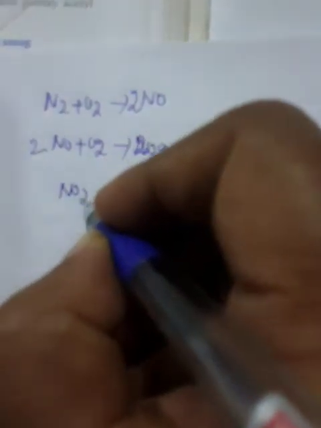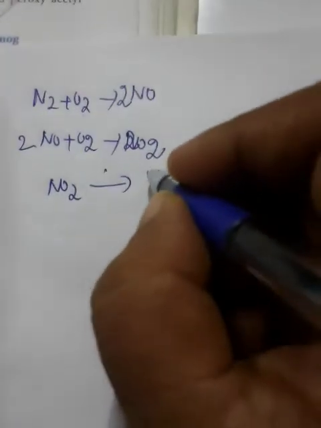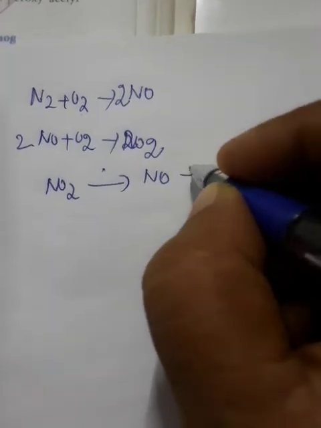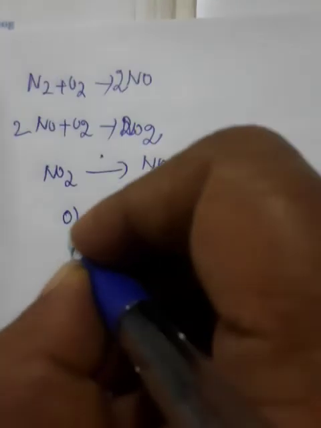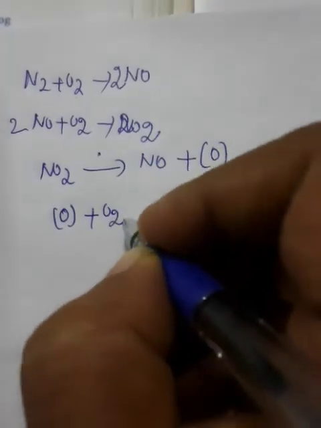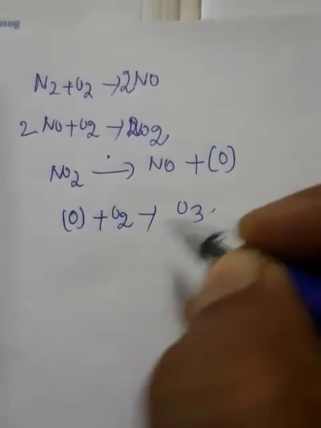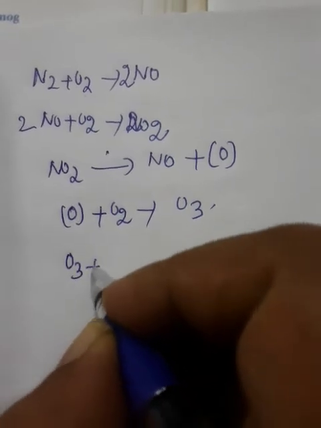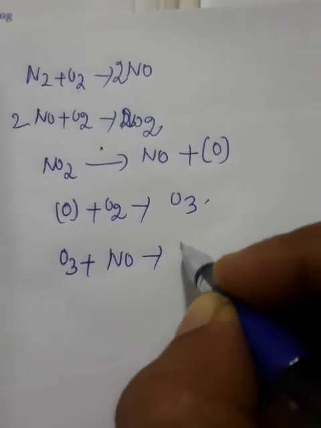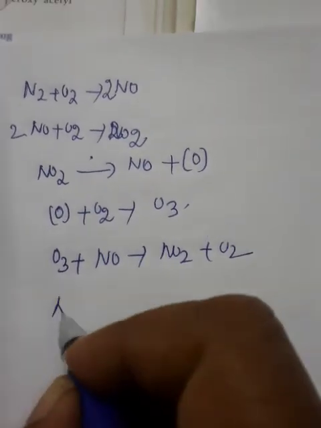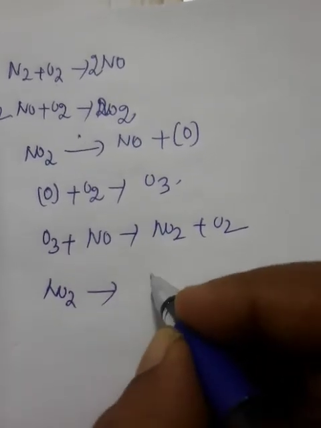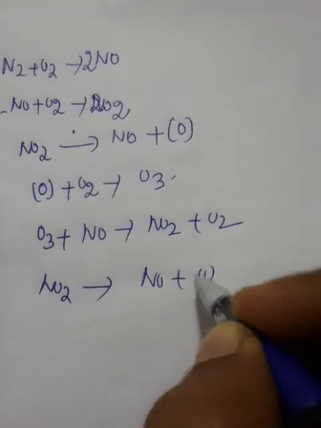This nitrogen dioxide in the presence of sunlight dissociates giving nitric oxide and nascent oxygen. Then this nascent oxygen with O2 forms O3, ozone. This ozone treated with NO forms NO2 plus O2. This NO2 once more in the presence of sunlight forms NO and O.